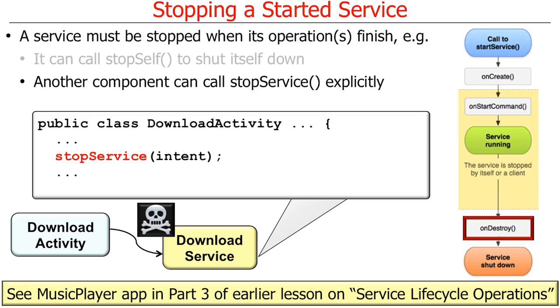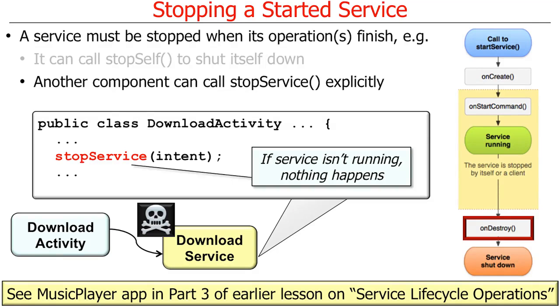Another way to have a service get stopped is for a component to call stop service explicitly. You can see here that when stop service is called by the download activity, that will cause the download service to go away. We illustrated how to do this in the music player app in part 3 of our earlier lesson on service lifecycle operations.